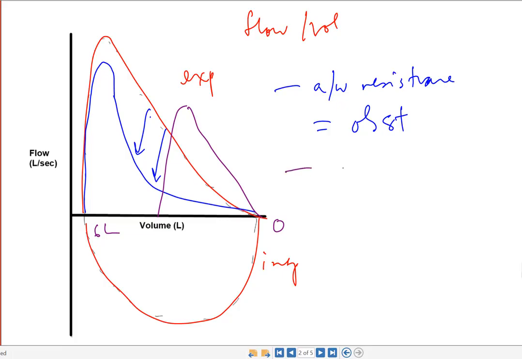So that's going to be our classic decreased total lung capacity with normal flow of a restrictive disease.